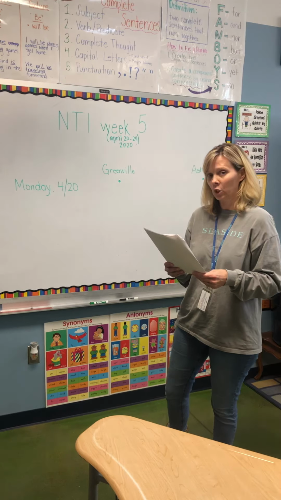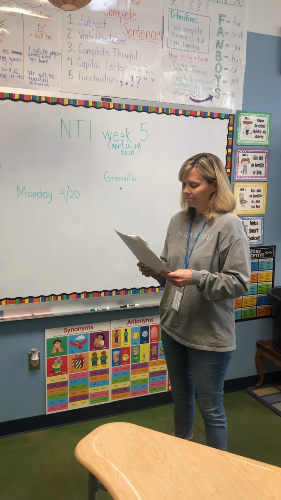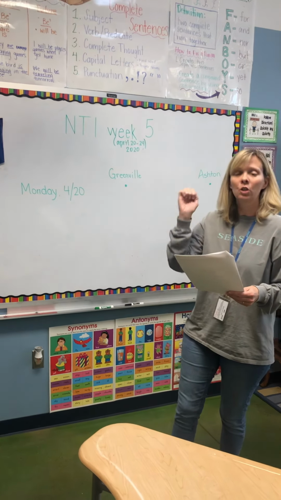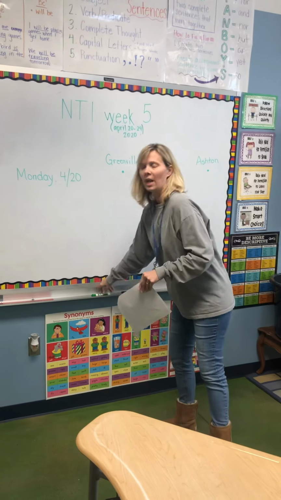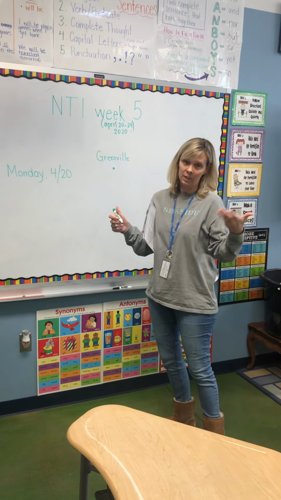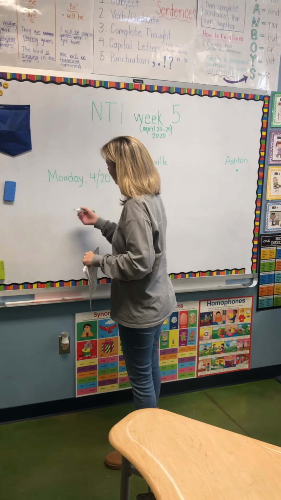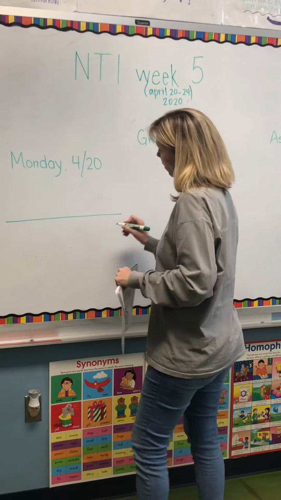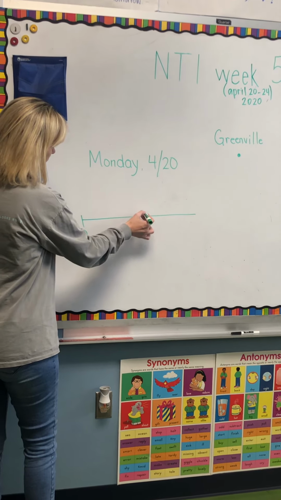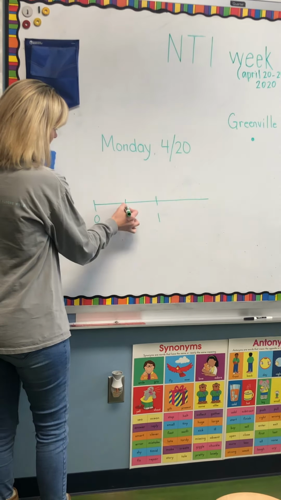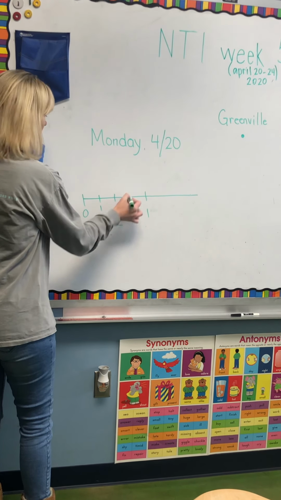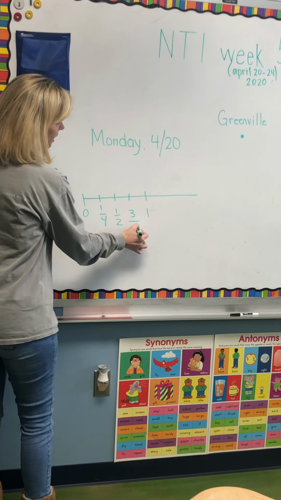Okay, so you're going to round your inches to either like an inch, 1 inch, an inch and a fourth, an inch and a half, an inch and 3/4, and then you would have your next inch, okay? So if this is 0 on your ruler, and this is 1 inch, this would be 1/2 of an inch, this would be 1/4 of an inch, and this would be 3/4 of an inch.